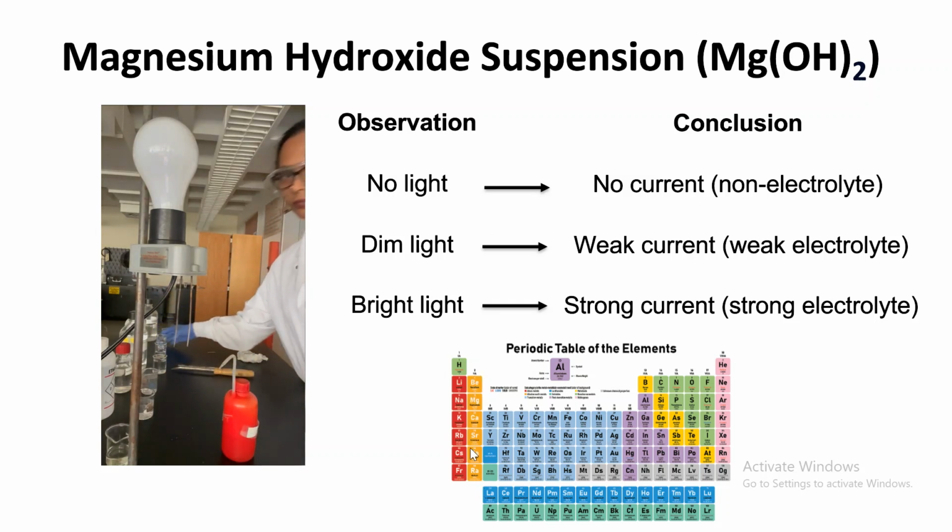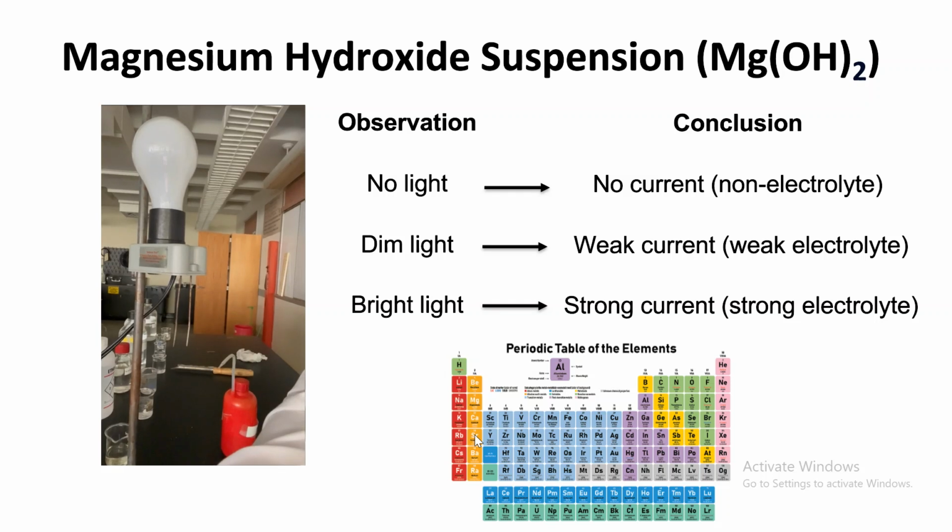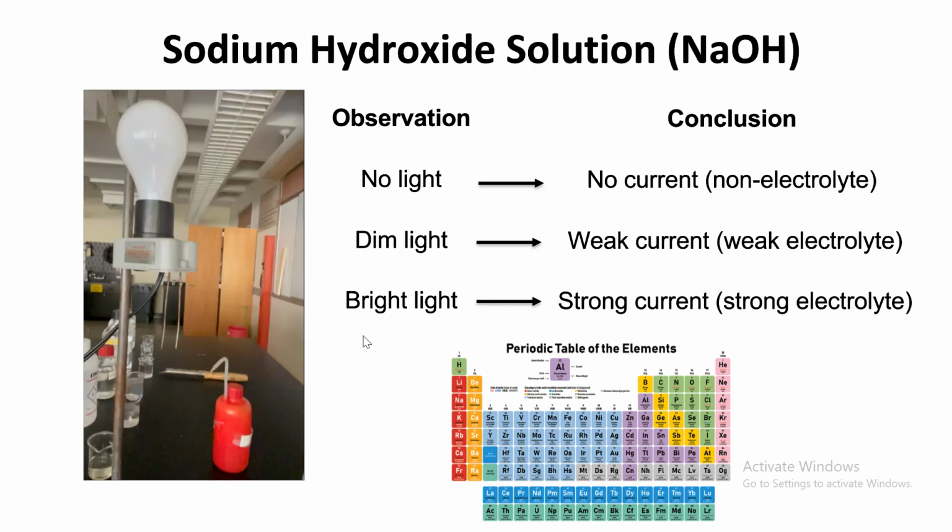Group two bases are very interesting. They do not conduct electricity. We did calcium, we did magnesium. They do not conduct. How about if we tested group 1 bases like Na? Sodium is in group 1.